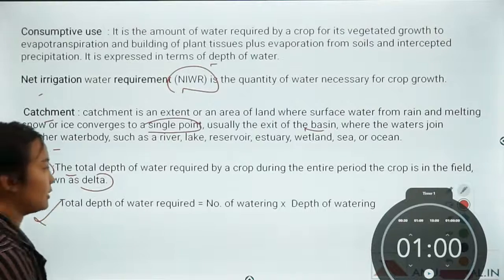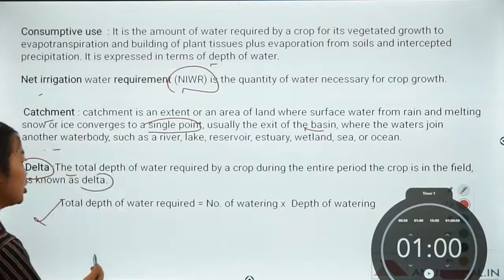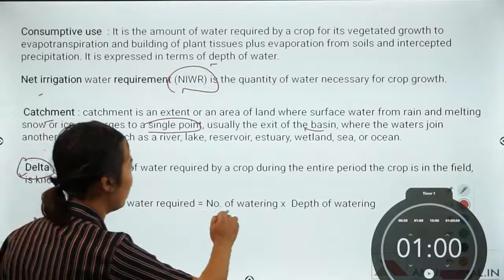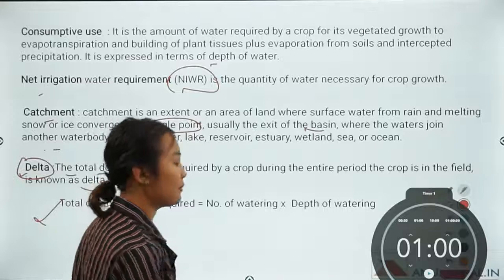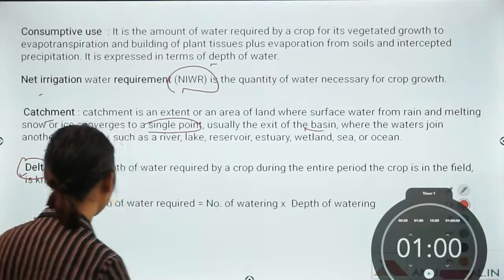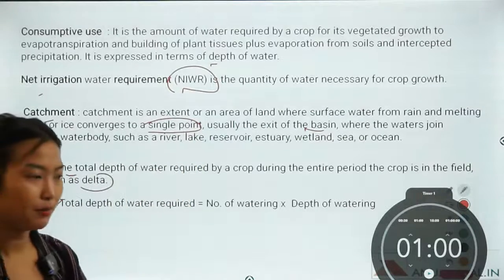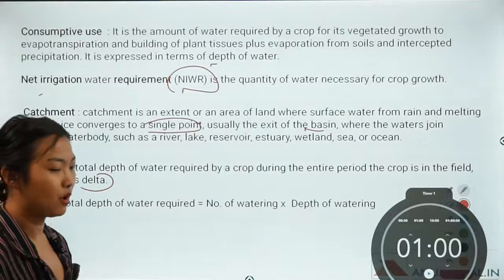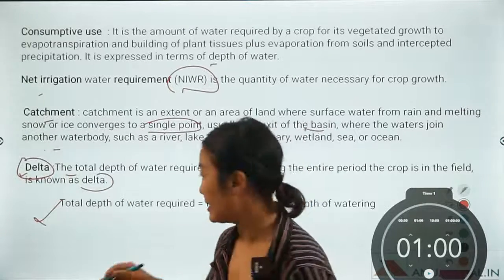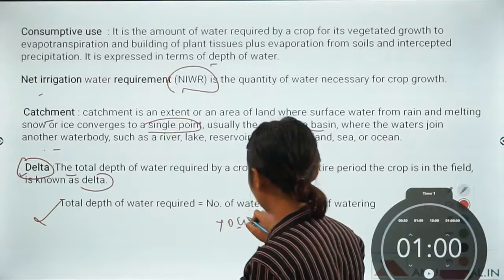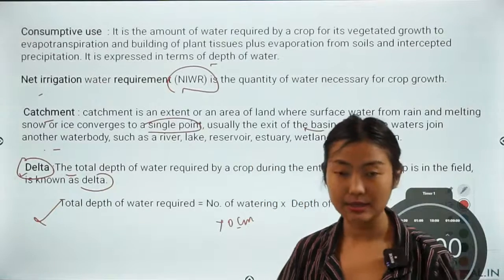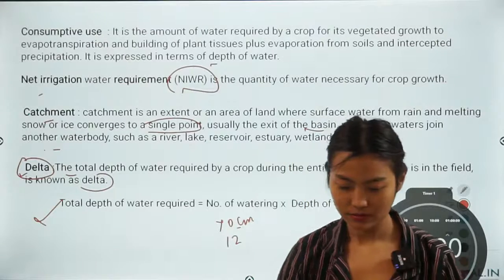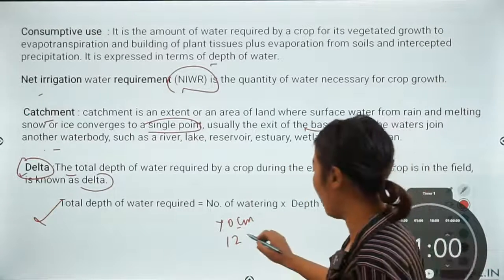So here I've given an equation through which you can calculate delta, right? The total depth of water required is the number of waterings into the depth of watering. For example, I'm just going to give an example of rice.